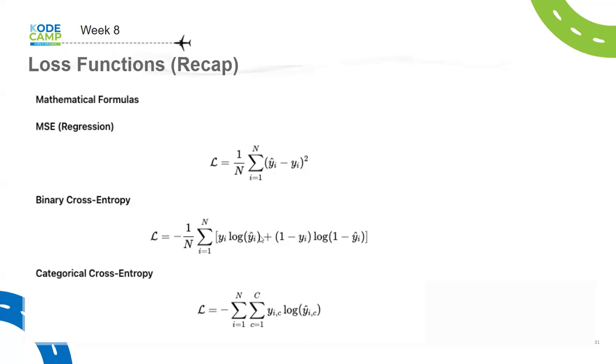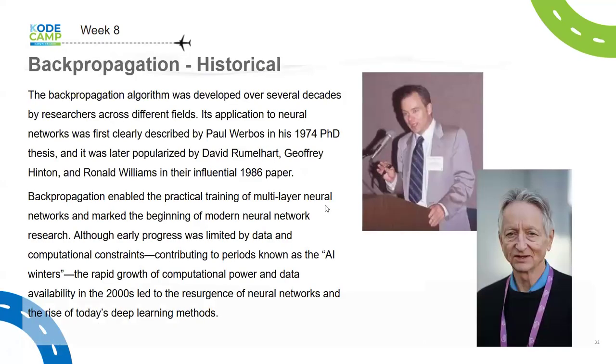Just like for binary we had two log terms, here we'll have four. This is for a single sample, and then you add that again for all the sample points. Again, because it is log and we are summing everything, we are going to end up with a negative number. So we have to use a negative sign to flip it. And that's the loss function.